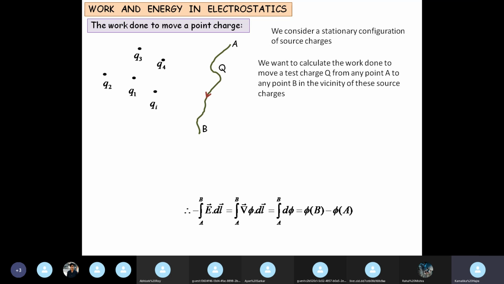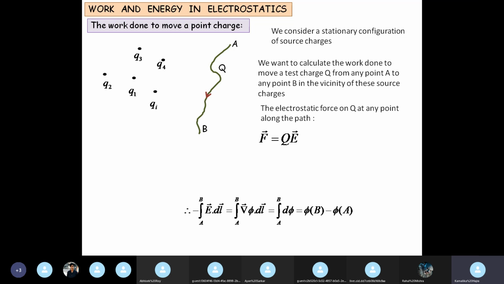So I take a charge capital Q and I want to take it from a point A to a point B near this discrete body of charges.